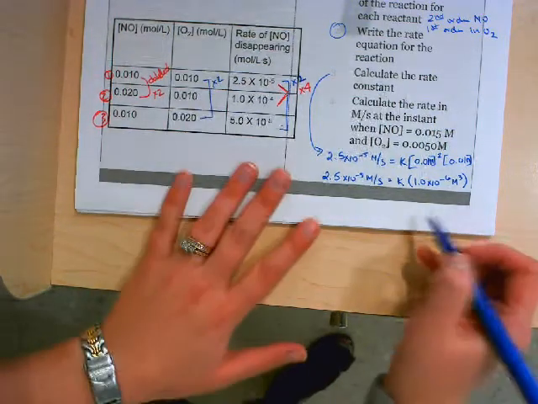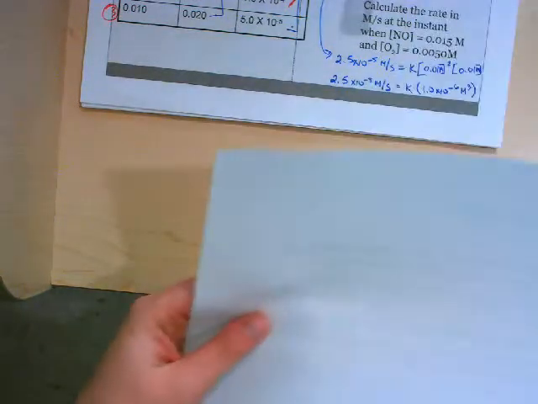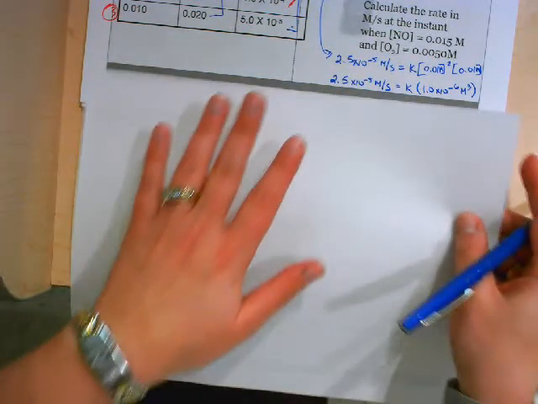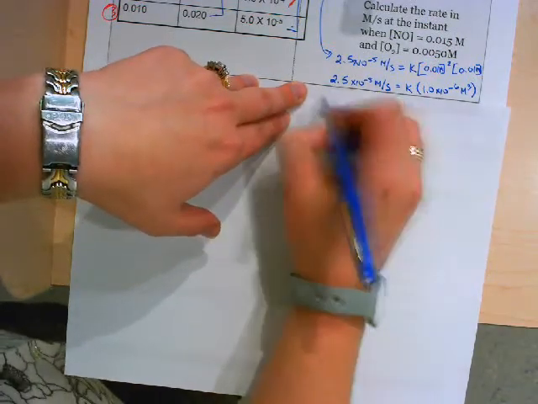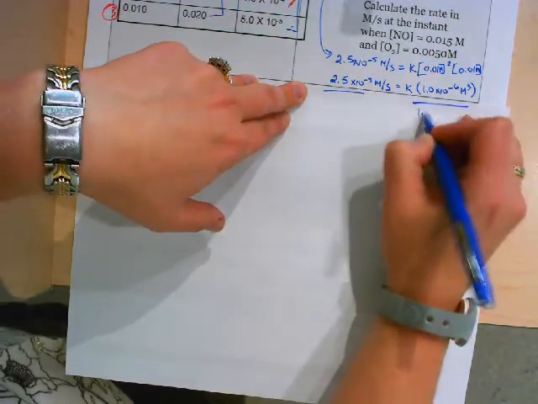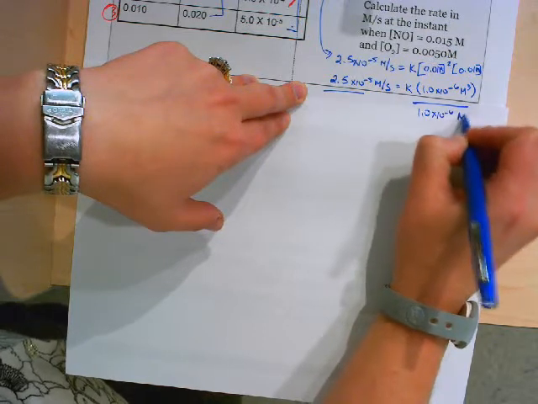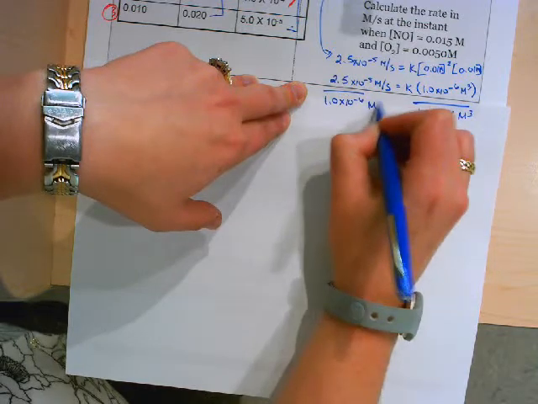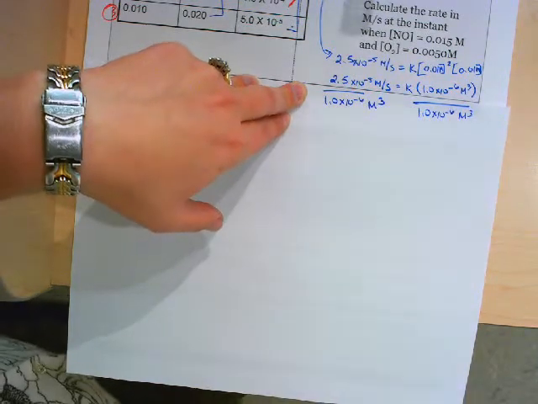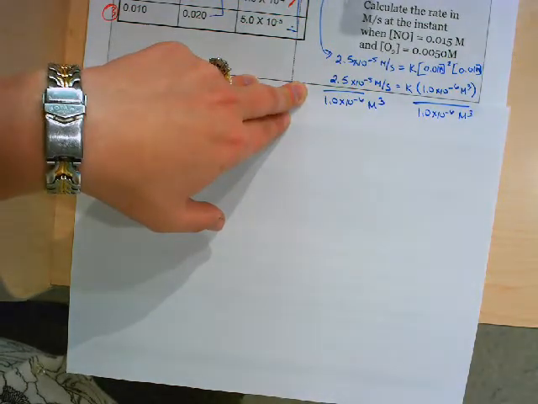Alright, so let me scoot this whole thing up. Let's do it like this. So I want to get K by itself, so I'm going to divide both sides by 1.0 times 10 to the negative 6 cubic molars.